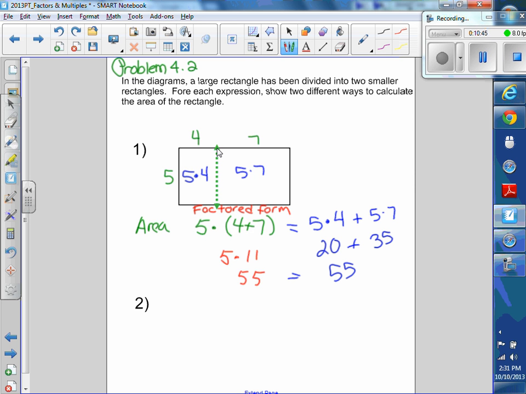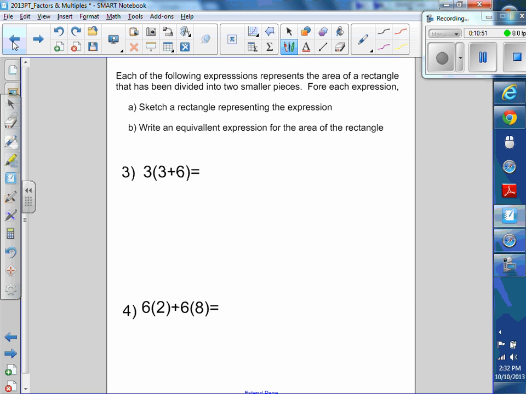You understand that? Second type of problem, you can write right below your picture, is you should be able to take this without the picture and sketch a rectangle. So each of the following expressions, here's an expression, it represents the area of a rectangle. So you should be able to draw that rectangle.